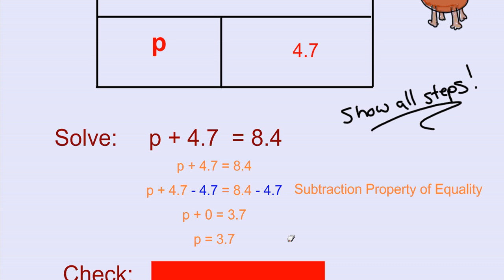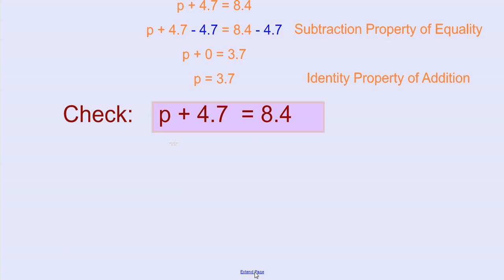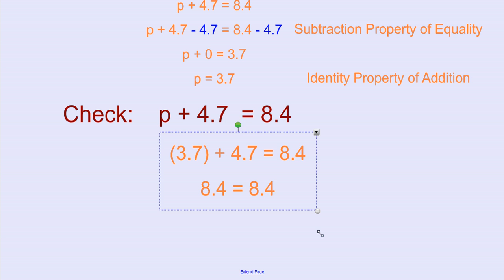And the next step, we get this. What property allows us to go from P plus 0 to P? That's right, the identity property of addition. Okay, and you always want to check your solution by plugging in the actual value for P. So we have the quick version of checking our answer right here.